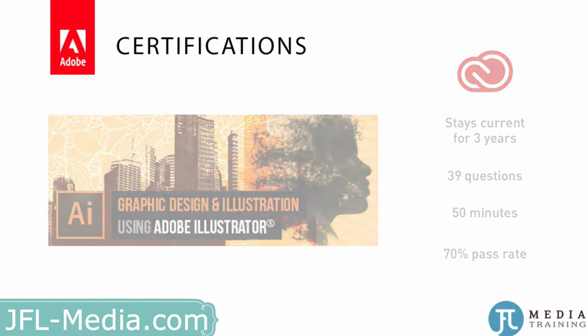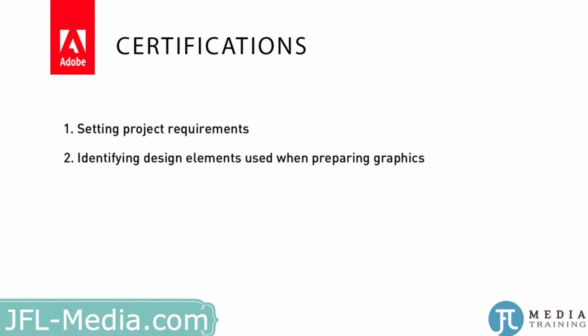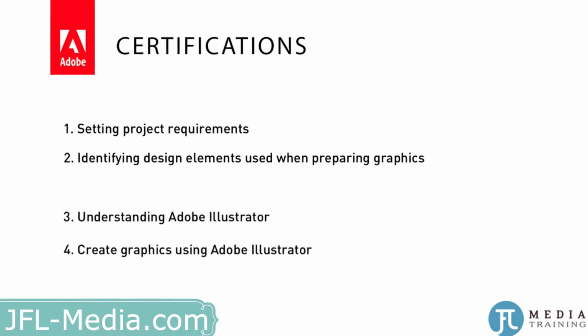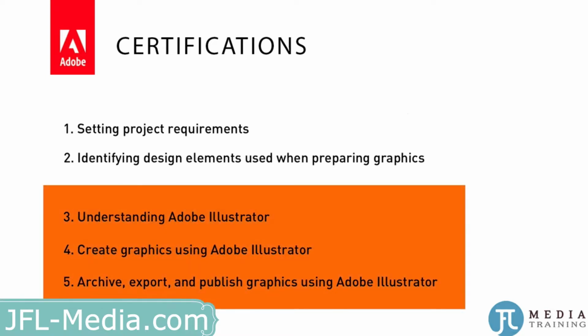The 5 main areas tested in the exam are setting project requirements, identifying design elements used when preparing graphics, understanding Adobe Illustrator, creating graphics using Adobe Illustrator, and archiving, exporting, and publishing graphics using Adobe Illustrator. Topics 3, 4, and 5 are the technical side of the exam. This part is tested by performance-based questions, simulating Illustrator in a browser.